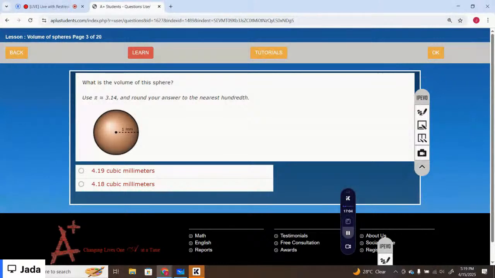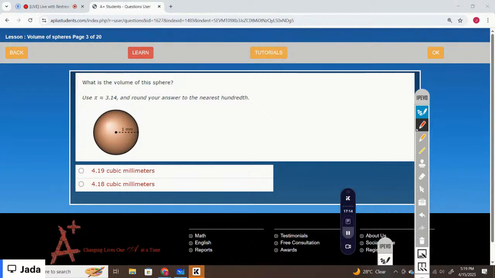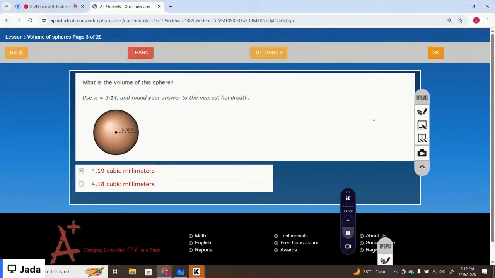What is the volume of the sphere? That is 4.19.